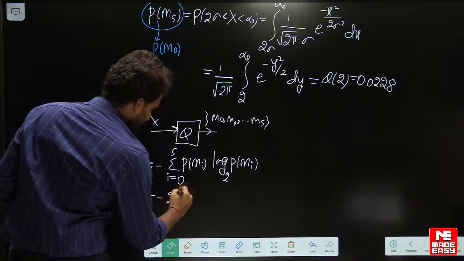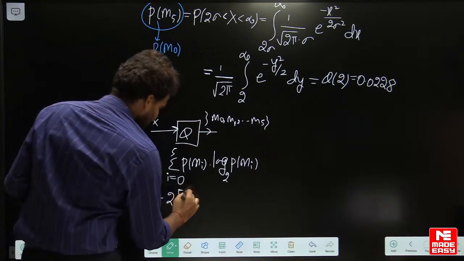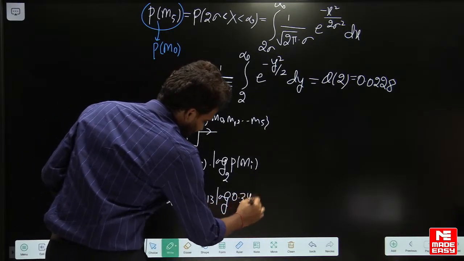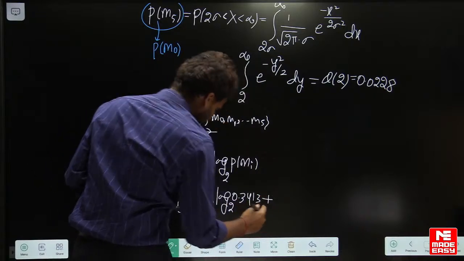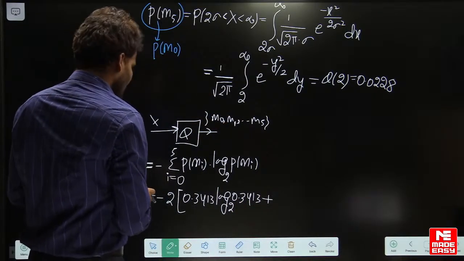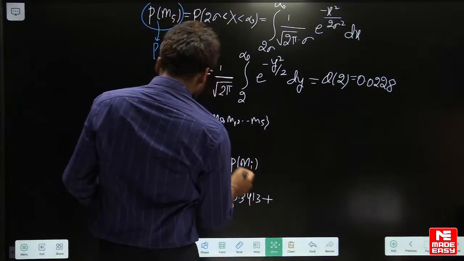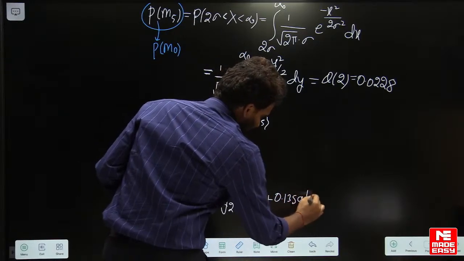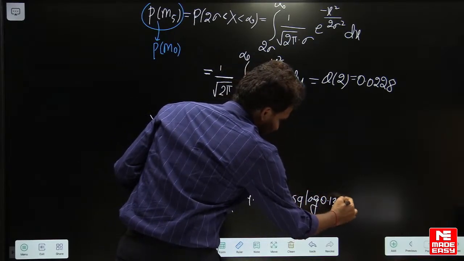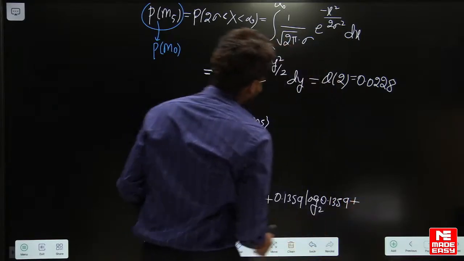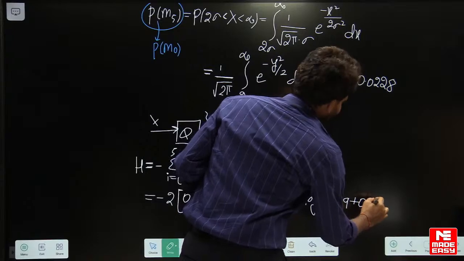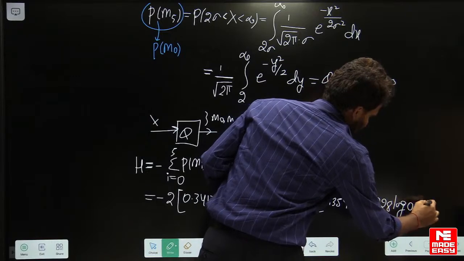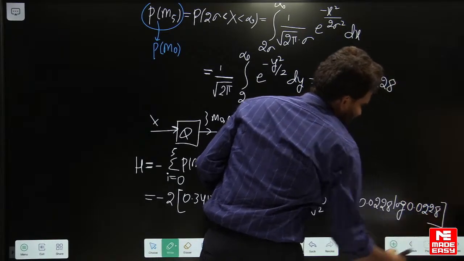So this is minus 2 times, 0.3413 log 0.3413 plus, the other probabilities you got, 0.3413 and 0.1359, log 0.1359 base 2 plus 0.0228 log 0.0228.